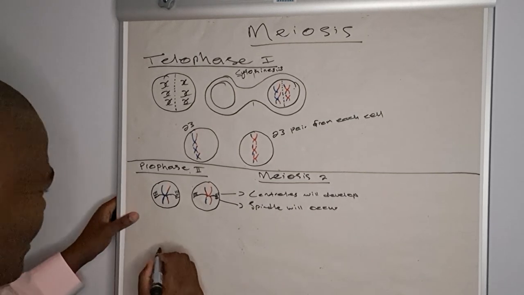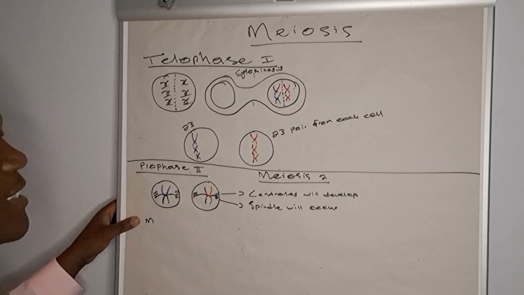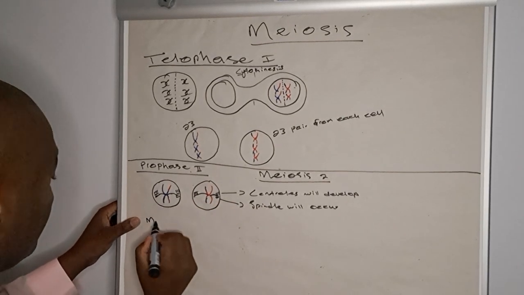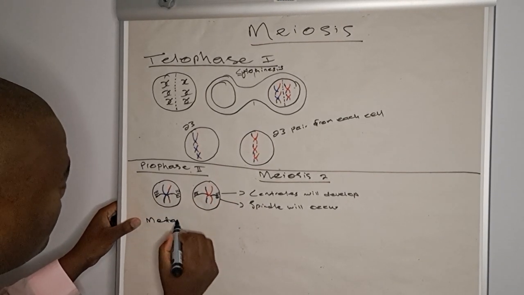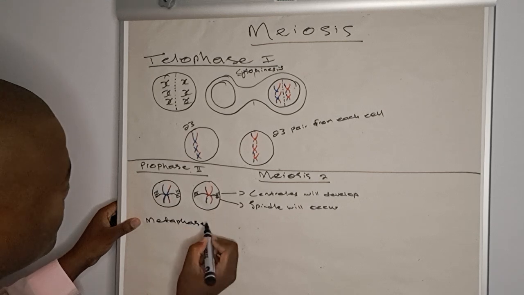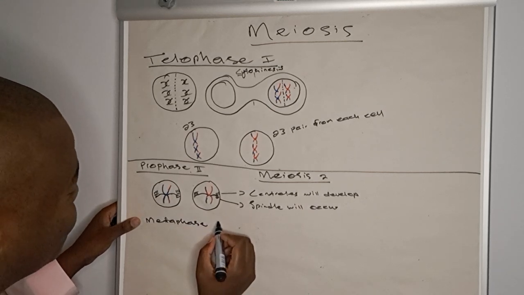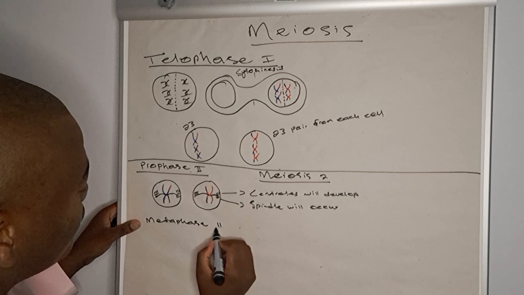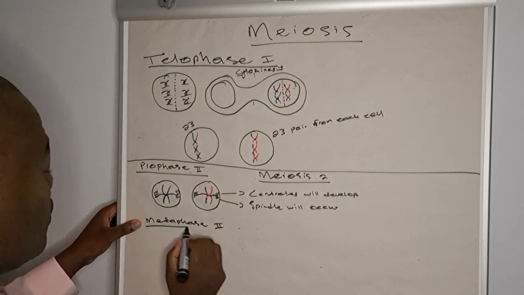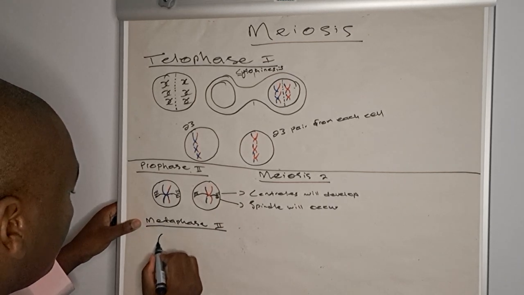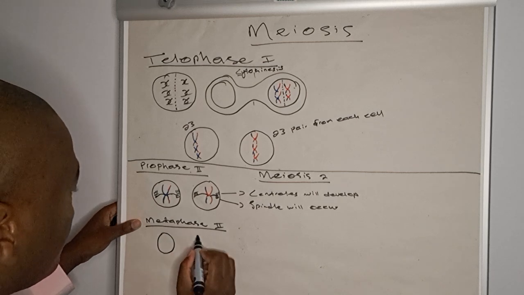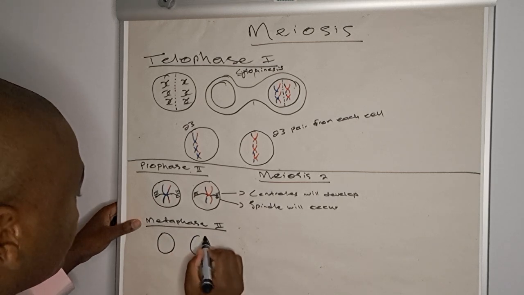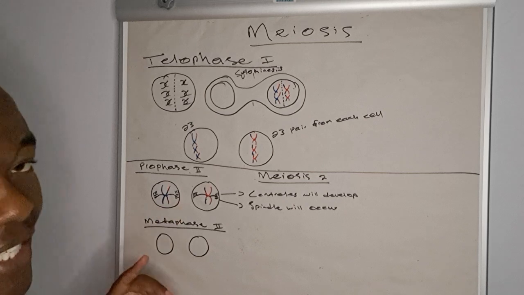Metaphase is just there to line things, to put them in the middle. This is metaphase 2 also. This can never be one cell again.